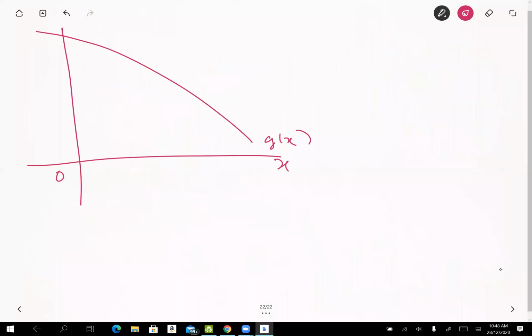So you need the area from that point C. That was the point E, and that was C. So the area under g is the whole thing.